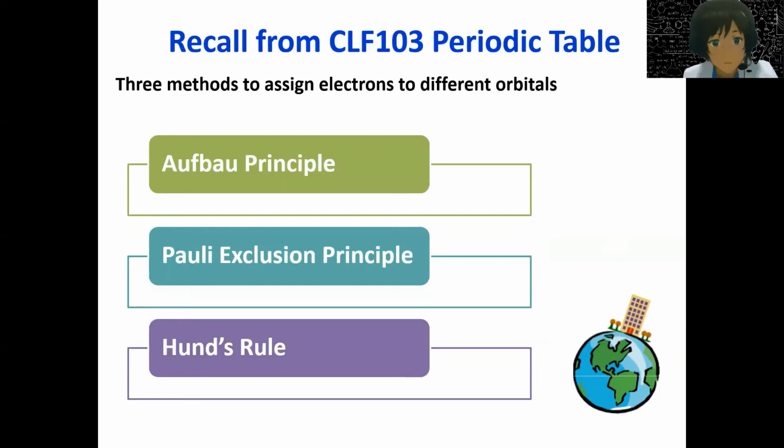We also learned about the Pauli exclusion principle, in which 2 electrons in the same orbital must spin in opposite directions, denoted by the up and down arrows, and also Hund's rule. If 2 or more orbitals of equal energy are available, the electrons occupy each with their spins parallel until all the orbitals are half filled.